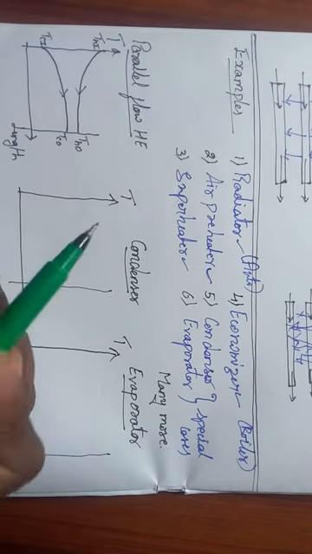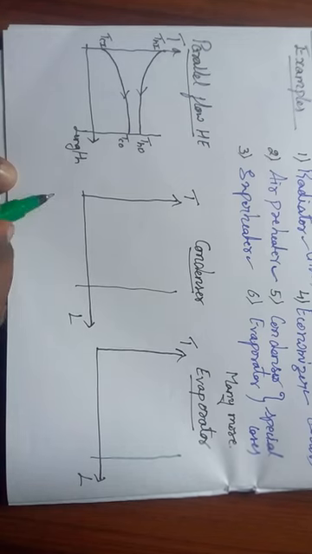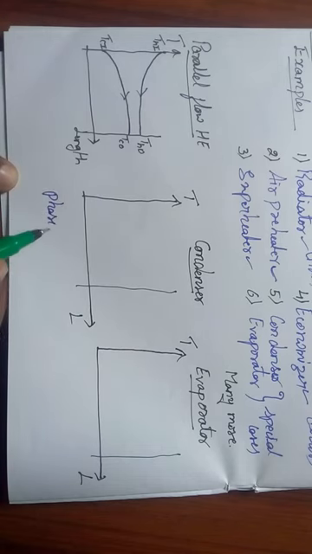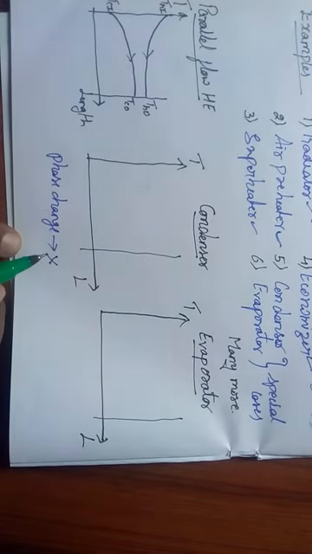That means there is a change of phase in the hot fluid. Whenever we talk about phase change, remember that there is no change in temperature, so this temperature remains constant. That is how phase change is achieved, right?